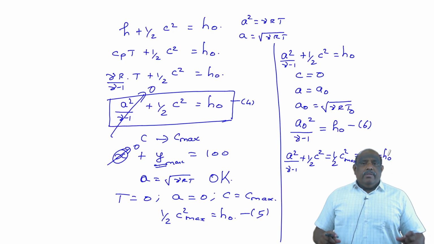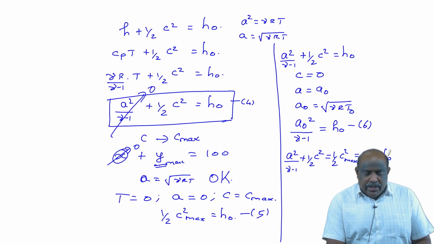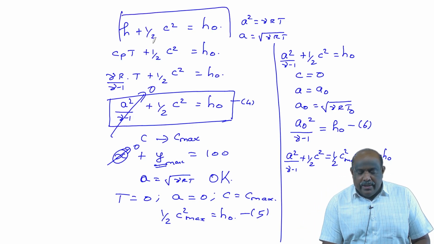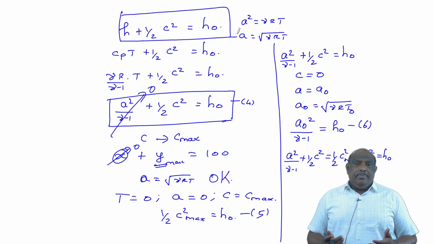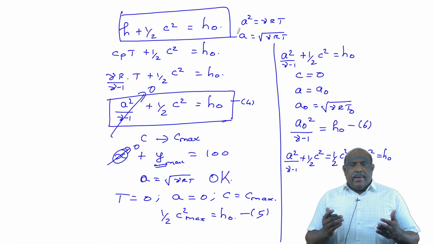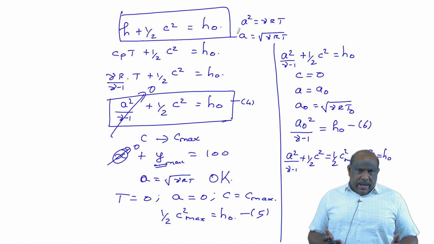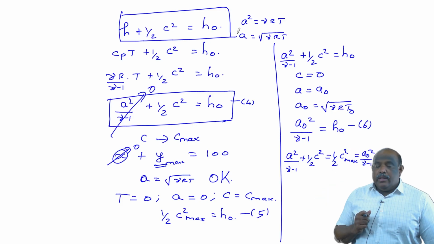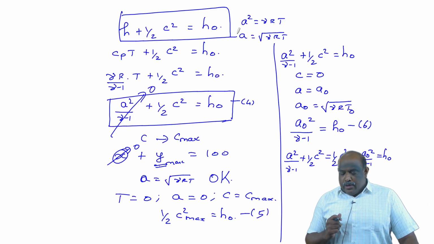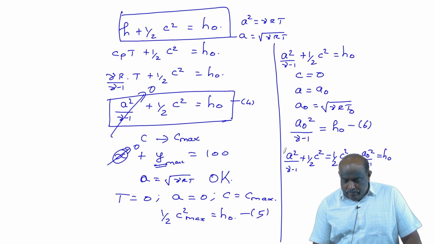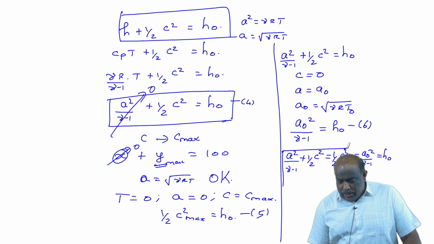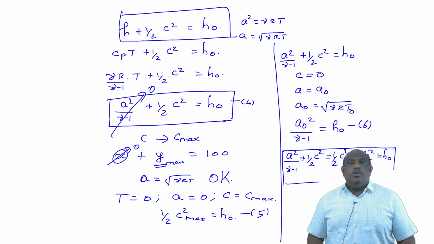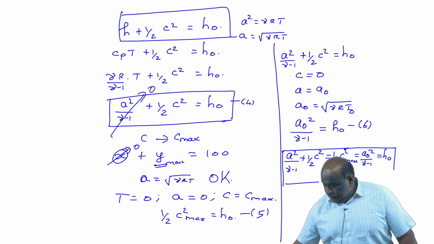So we are writing the same equation only, H naught equal to H plus half C squared, in other forms like A squared by gamma minus 1 plus half C squared equal to half C squared max equal to A naught squared by gamma minus 1, which is equal to H naught. I hope you can enjoy the various forms of this energy equation. Let us move on to the next slide.